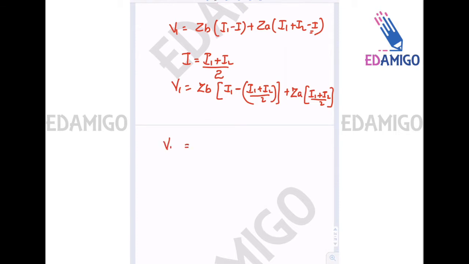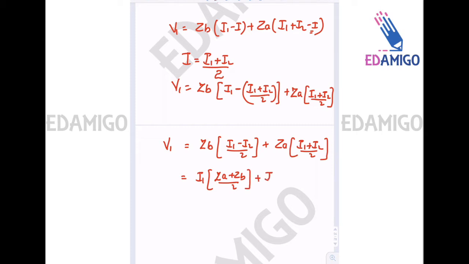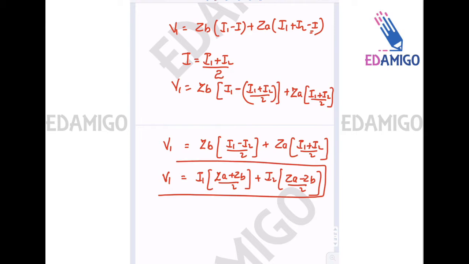Now this is equal to ZB into I1 minus I2 divided by 2, plus ZA into I1 plus I2 divided by 2. So taking I1 as common, I will get ZA plus ZB divided by 2. Taking I2 as common, I will get ZA minus ZB divided by 2 is equals to V1. So this is equation number 1.